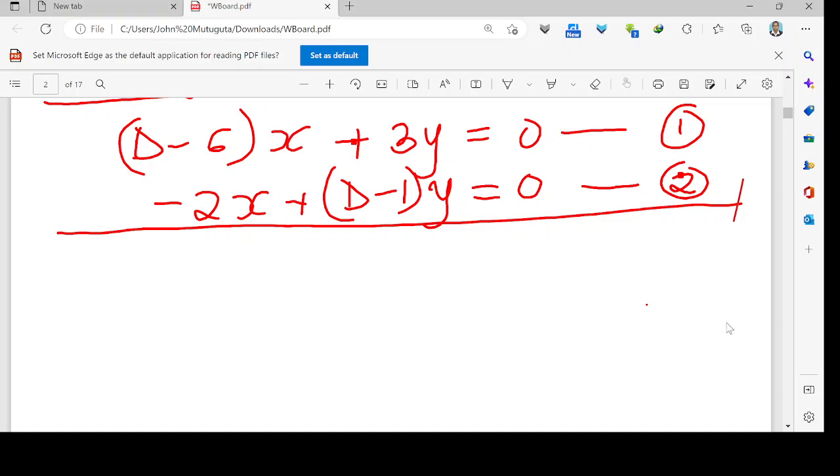So you find that in this system, if we want to eliminate y, we notice first that the coefficient of y in the first equation is a constant 3, while in the second equation, the coefficient is an operator, D minus 1. So to eliminate y, it means that we operate on the first equation with D minus 1 and multiply the second equation by 3.